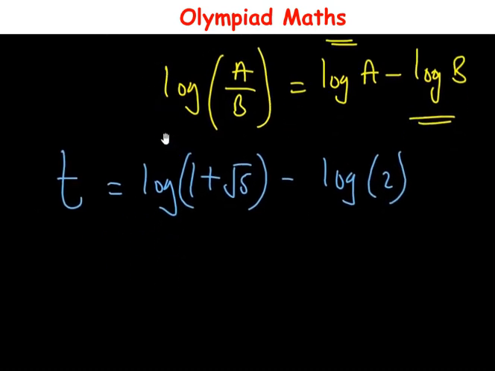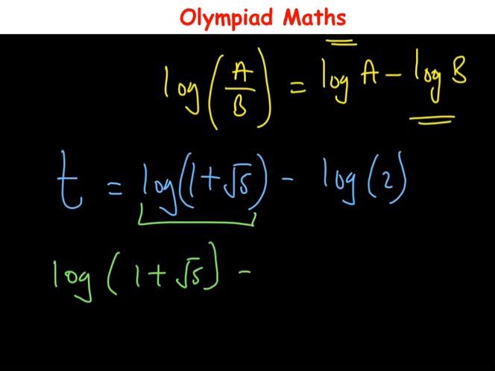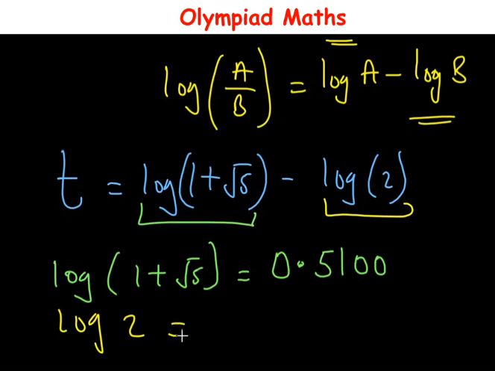The next thing is to get the value of log(1 + √5). The value of log(1 + √5) is equal to 0.5100 in 4 decimal places. And also, the value of log 2 is equal to 0.3010.